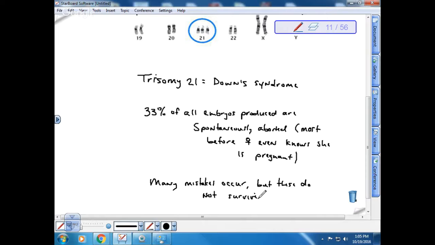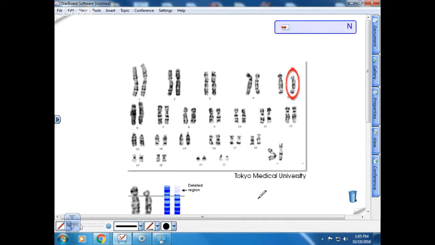Another thing we could have is a defect where there is a breakage in a chromosome. So chromosome abnormalities can also be detected. We can detect changes in chromosome number, aneuploidies, and we can also detect chromosomal abnormalities.